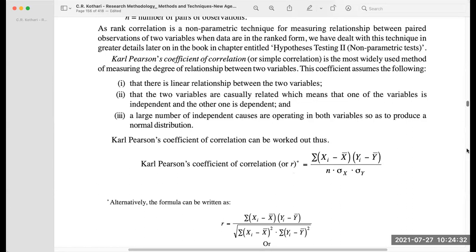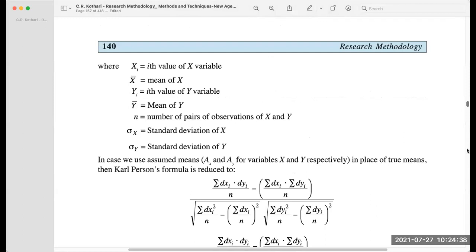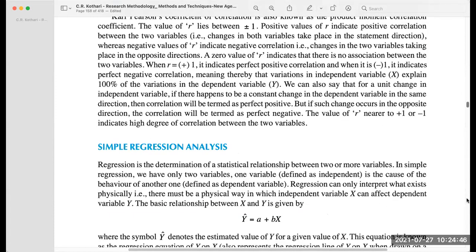So by using these coefficients, we can establish some relationship. All values you can easily measure from your data, right? Then to establish the relationship between two variables, another method is simple regression analysis.